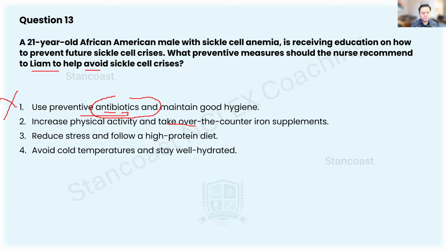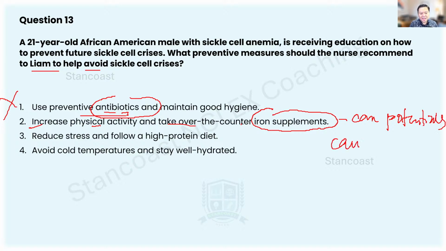Wrong. Only indicated with existing infection. 2, increase physical activity and take over-the-counter iron supplements. Now we have iron again. It can potentially cause iron overload. We don't want that. What's going on with my handwriting? Iron overload.